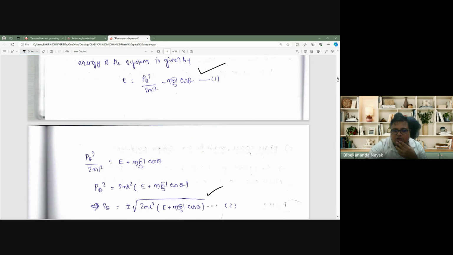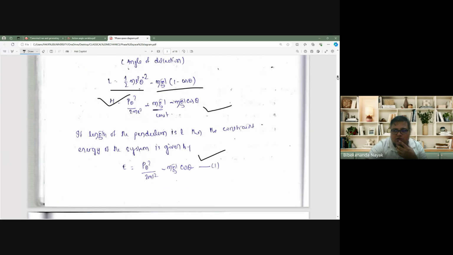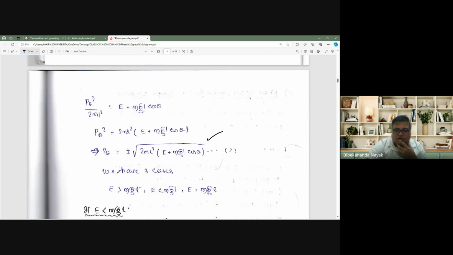So p theta has this value, with E plus mgl cos theta inside. We have three cases: E greater than, E less than, and equal to mgl.